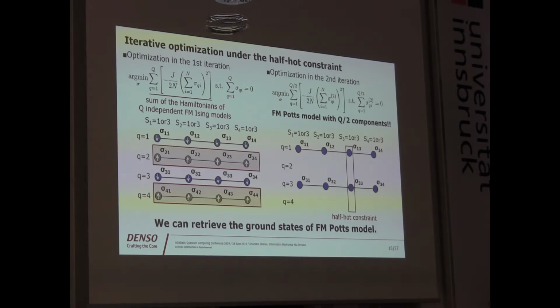Therefore, the first-order phase transition is expected to be avoided in the second iteration as well. By solving the optimization problem in the second iteration, we obtain the ground states of the ferromagnetic Potts model as shown here. Thus, if the optimization problem in each iteration is successfully solved, we can retrieve the ground states of the ferromagnetic Potts model without undergoing the first-order phase transition by the proposed method.